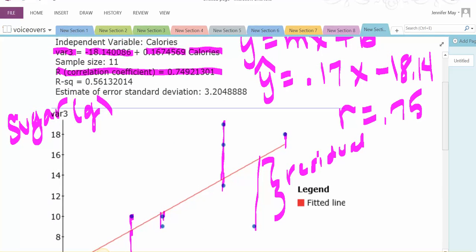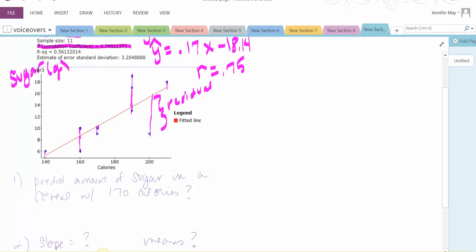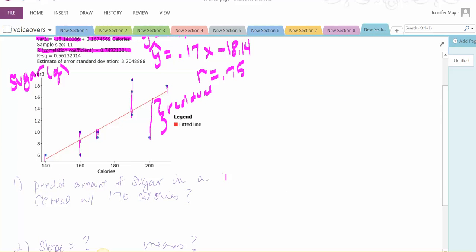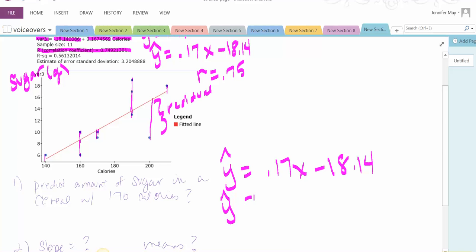So I need to copy this line. Let me make this a little bit smaller for a second. The predicted y is going to be 0.17x minus 18.14. And we want to use it to predict how much sugar would be in a cereal with 170 calories. So we take a look at this.